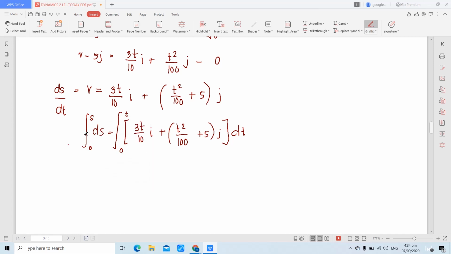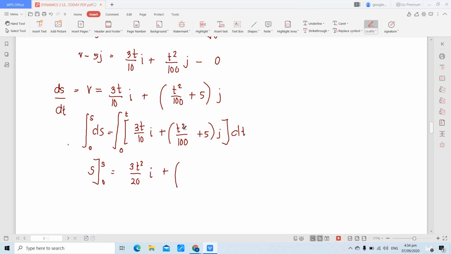Gets? Apply now the integrals. What is the integral of ds? That is s, from 0 to s. Equivalent to, what is the integral of 3t over 10? That is t squared over 2. So, that will become 3t squared over 20. And then, include variable vector i plus quantity.